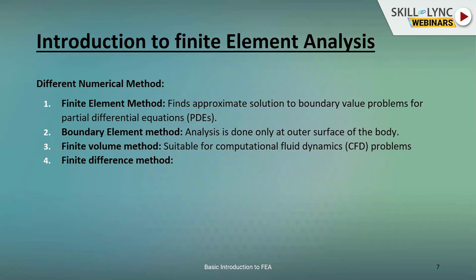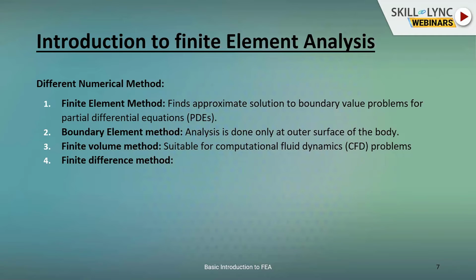Then what are the different numerical methods we have nowadays? We have finite element method, boundary element method, finite volume method, and finite difference method. In finite element method, we find approximate solutions to boundary value problems for partial differential equations.